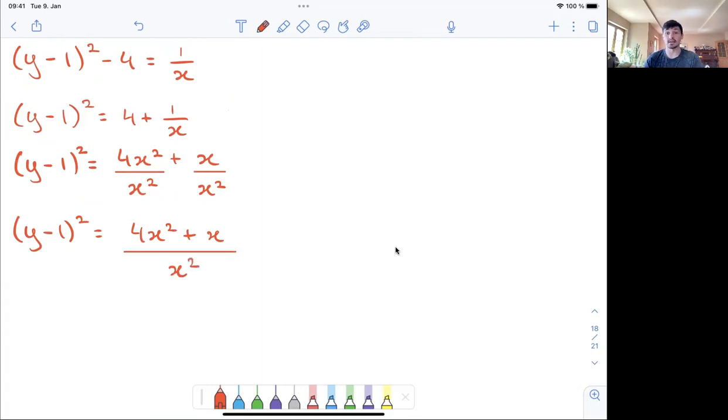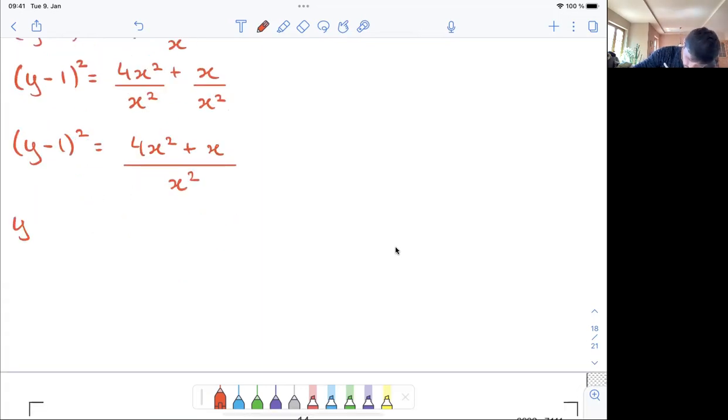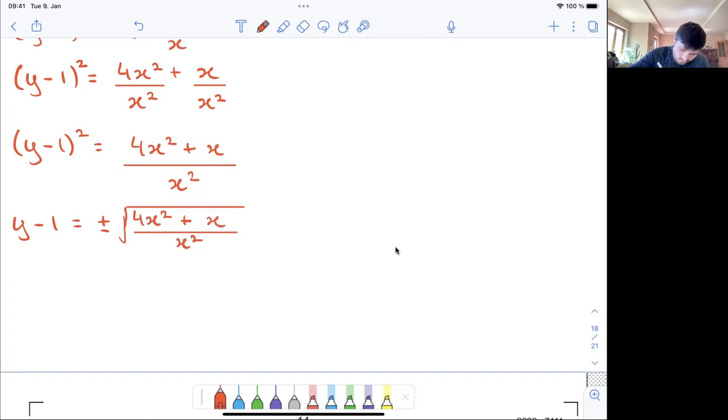Now we're going to take the square root of both sides, and that's going to give us y minus 1 on the left-hand side is equal to plus and minus the square root of this whole thing, 4x squared plus x over x squared. When you take the square root of a fraction, it's equal to the square root of the numerator over the square root of the denominator.